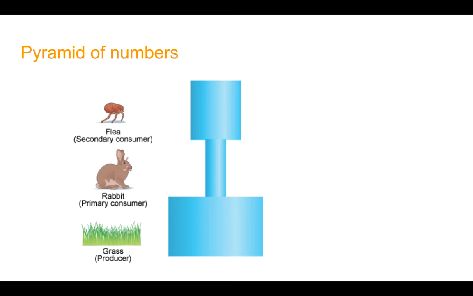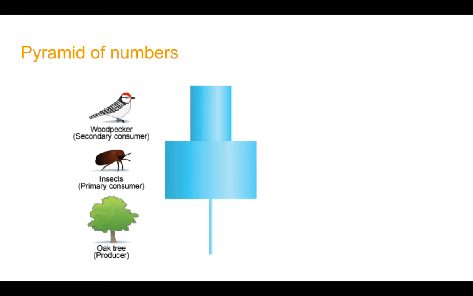In this case, the shape is not a typical pyramid shape, because there are not a lot of rabbits, but all those rabbits have lots of fleas on them. So there are many more fleas than there are rabbits. So the pyramid of numbers does not always fit the typical pyramid shape.